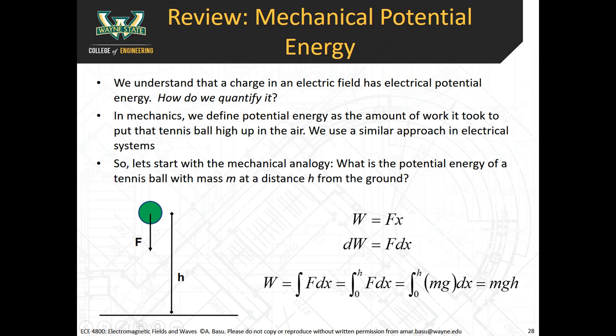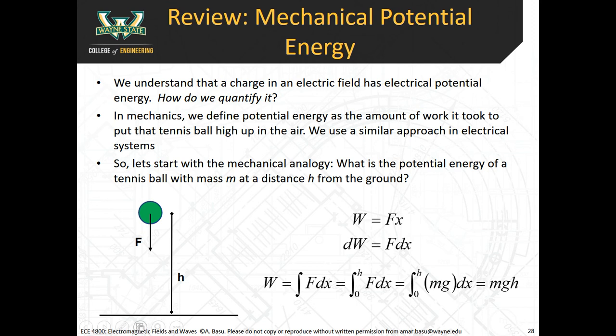All right, you integrate a constant with respect to x, so this can be taken out of the integral. You're left with just the integral from 0 to h of dx, which gives you h. And so the work required to get this tennis ball up there was mass times the gravitational constant times h. This is the definition of gravitational potential energy.